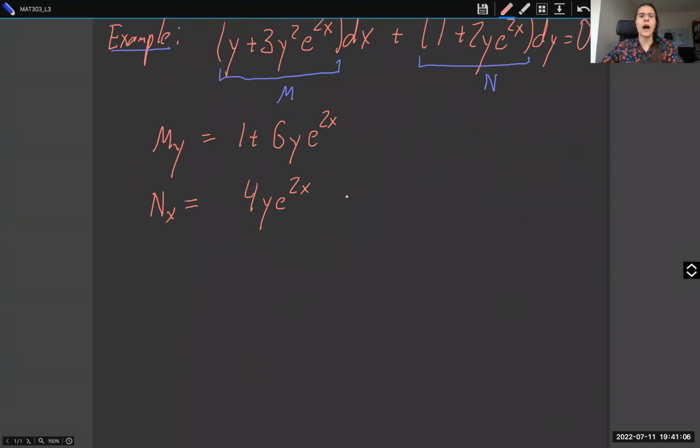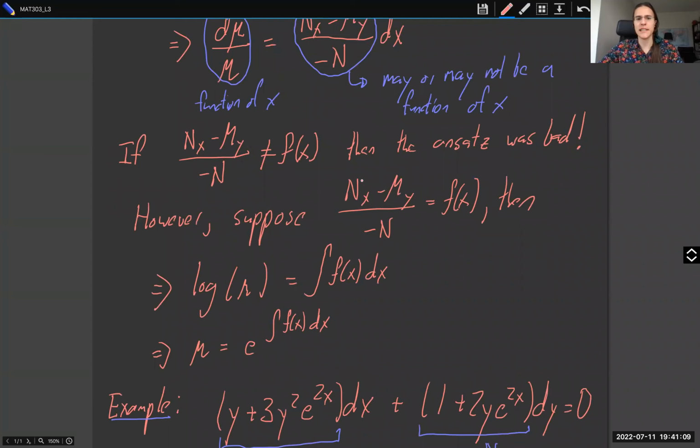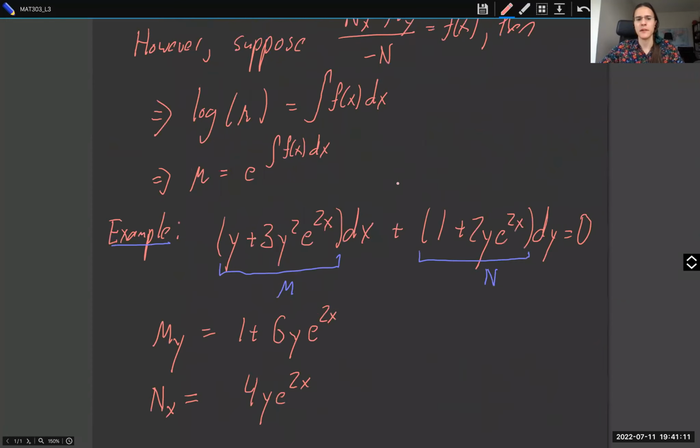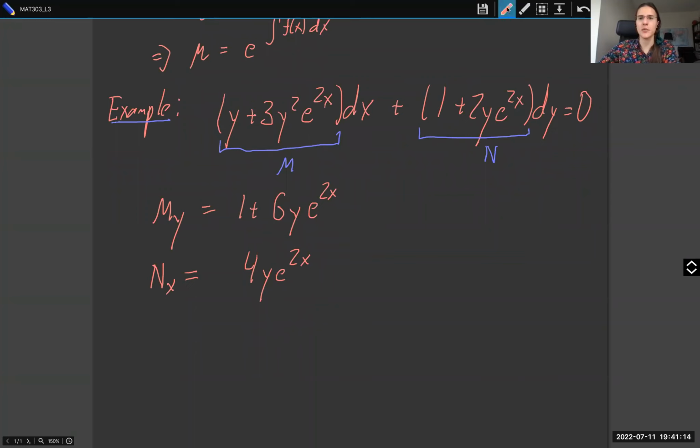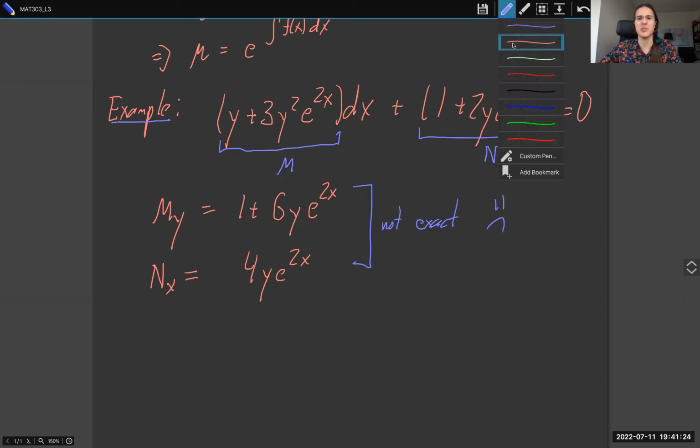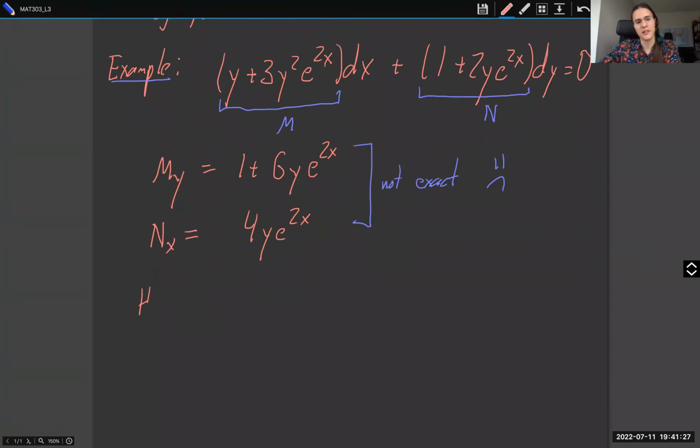Cool. Now, remember that the equation that we're considering is the second one minus the first one, right? So first off, it's not exact. We can see that it's not exact. So we're not done. If it were exact, we'd still need to do stuff. However, if we consider nx minus my, then what we get is 1 plus 2y e to the 2x.